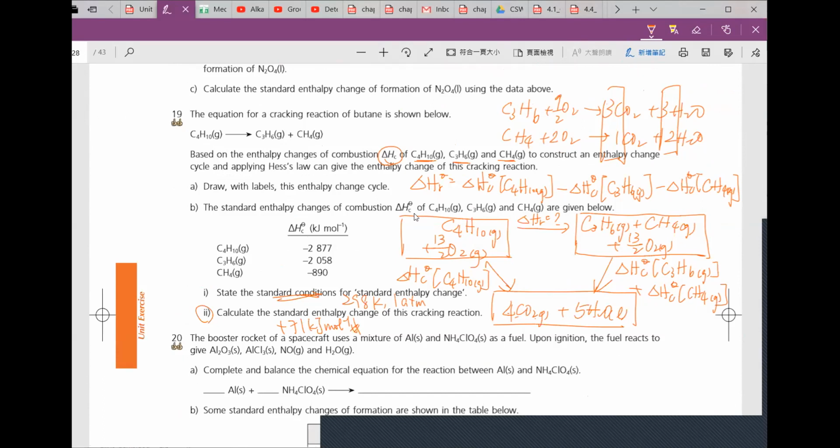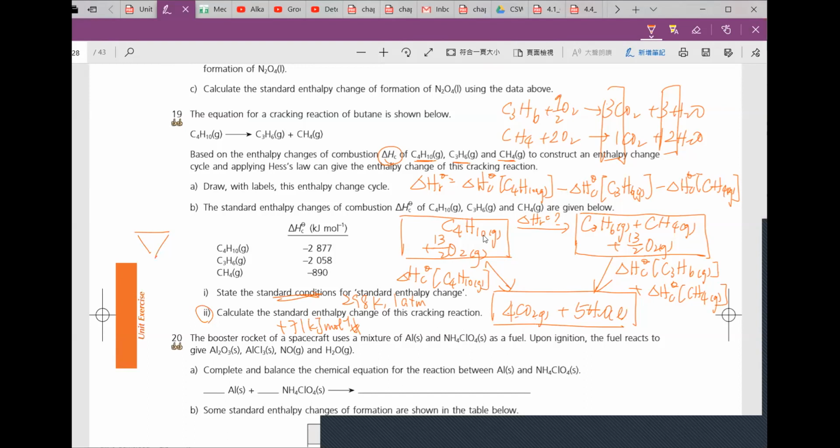enthalpy cycle, you can just write it down as a triangle like this, right? If you look at those terms very carefully, what can you conclude about that reaction?